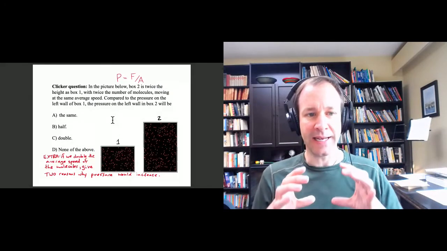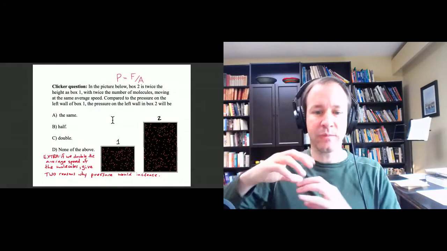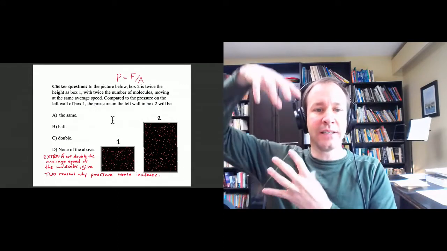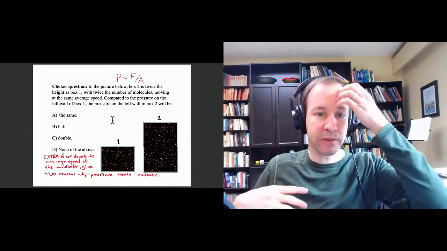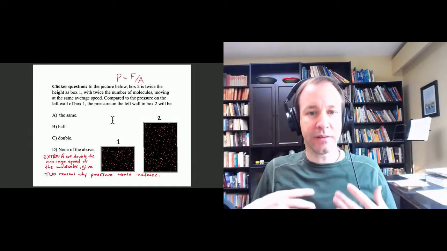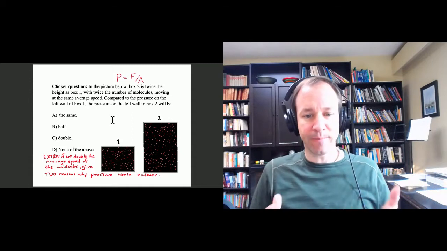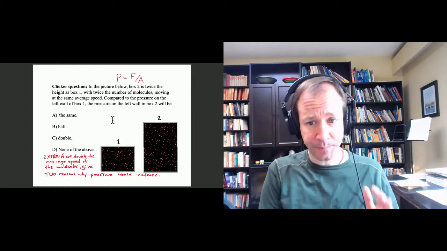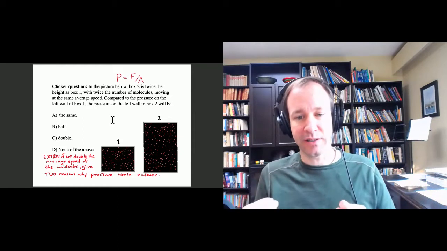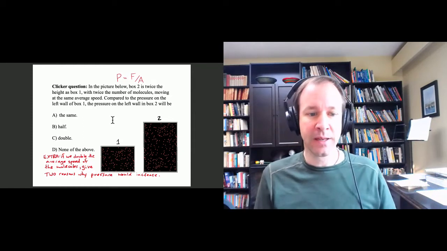So if I have two different systems, in the second one, I've doubled the height of the box, but I've also doubled the number of molecules. And I want you to think about, is the pressure on the left wall of this container in number two larger? Is it smaller? Is it the same?